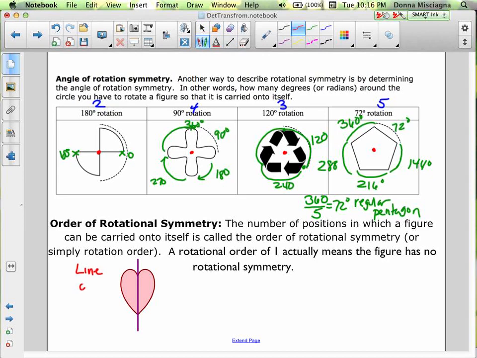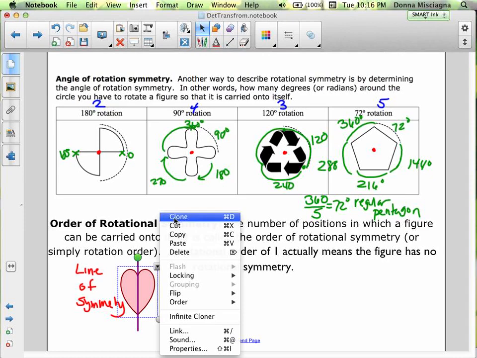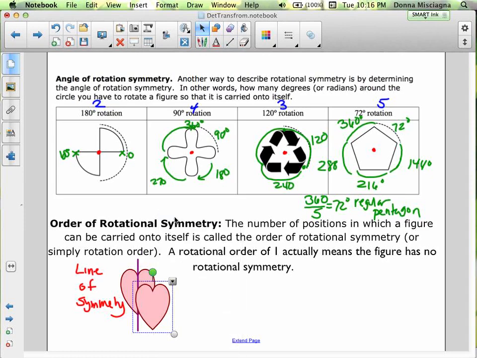Let's see if I can clone my heart here. And then we look at rotational symmetry. Clone. There we go. But now watch if I turn this around. See if you see a heart again. A heart facing the exact same direction.